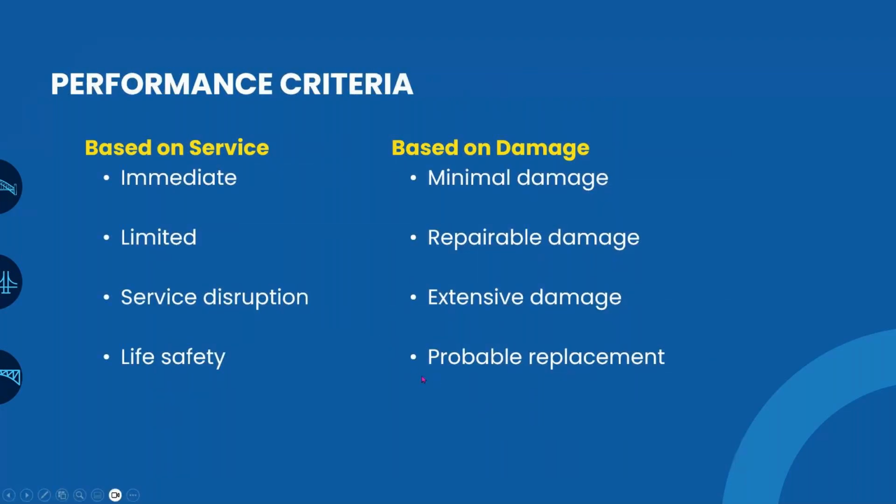Based on the service, we have 4 types of performance levels: immediate, limited, service disruption, and life safety. Similarly, based on the damage, minimal, repairable, extensive, or probable replacement are the performance criteria mentioned in CSA.